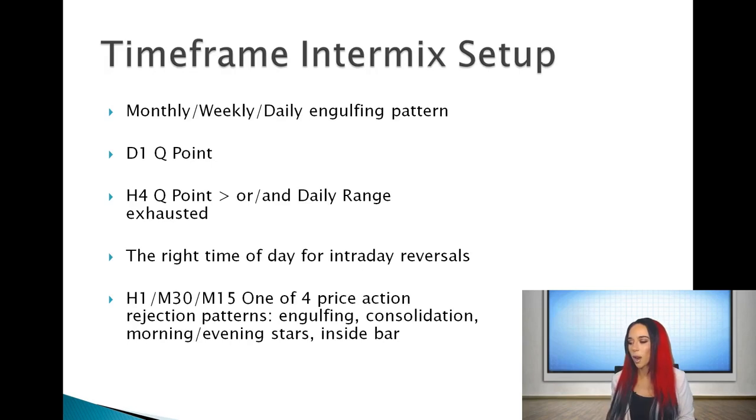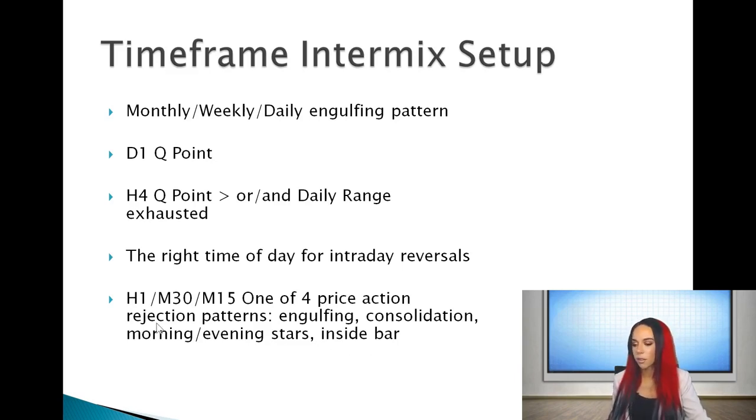So the only reason why I made that workshop is because we've had many traders come to us saying they know how to read candlestick patterns, which very quickly turns into, oh, I didn't know there was a difference between a weak and strong engulfing. In order of probability, these are the engulfing patterns, of course, consolidating pattern, morning stars and evening stars, and inside bar variations.